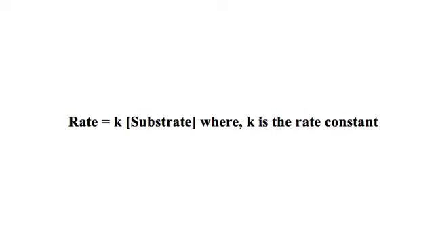Thus, it is a unimolecular reaction, and the rate of an E1 reaction is given as the rate is equal to k times the molar concentration of the substrate or the reactant that is being used. And k, small k, is the rate constant.